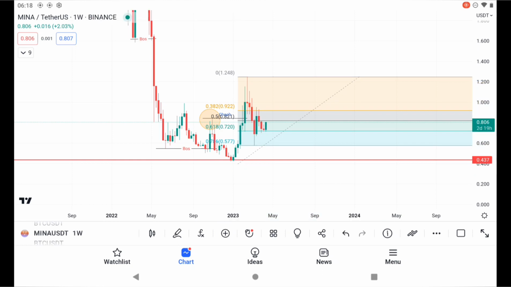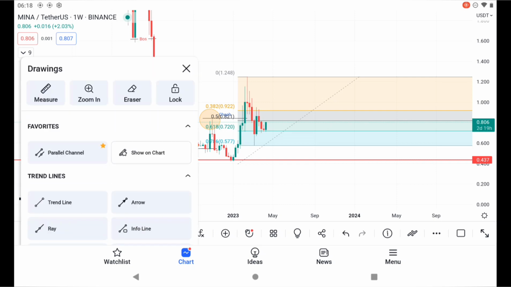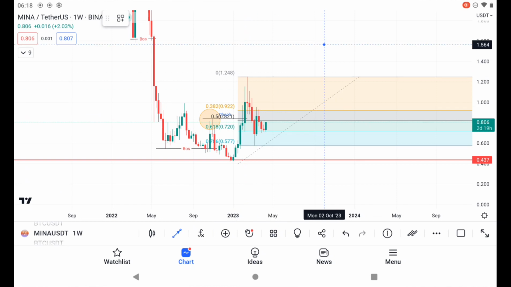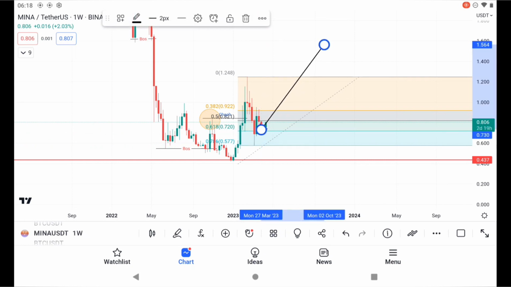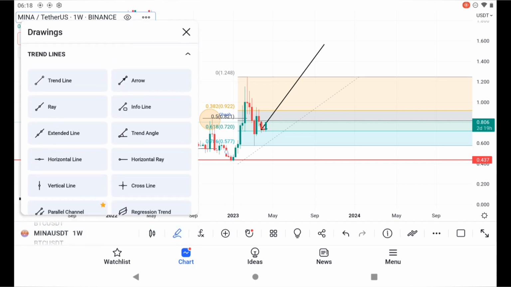I'm an expert at drawing this, so you don't have to follow my direction the way I draw my Fibonacci. We'll put it at the week of the higher high and the downward move. So we had about 0.76, 0.78 and 0.76. We'll be taking those two zones as our support.